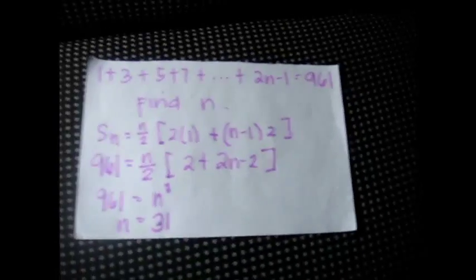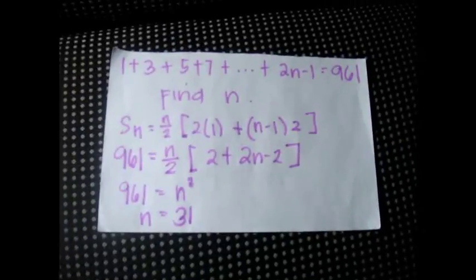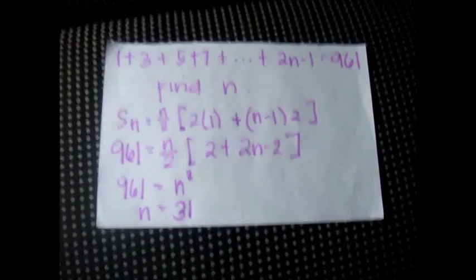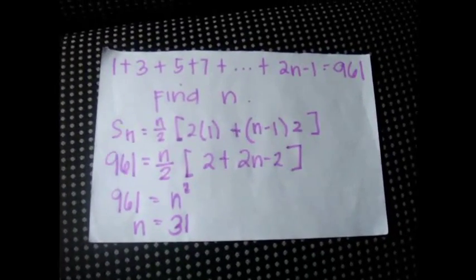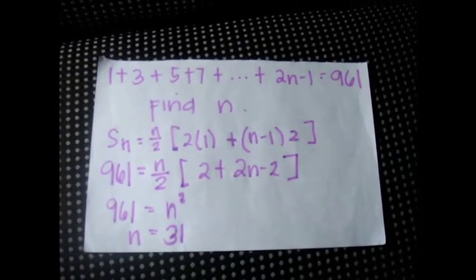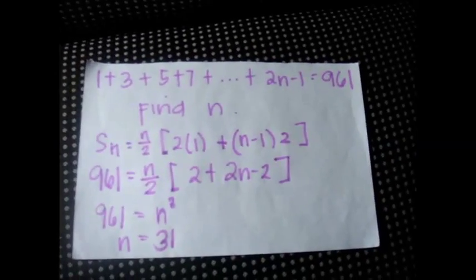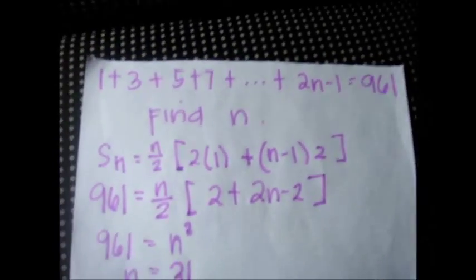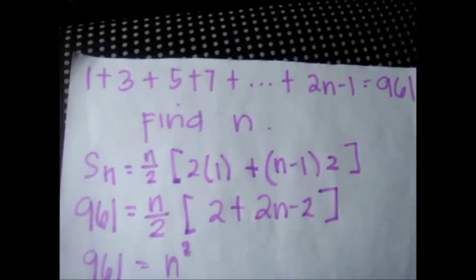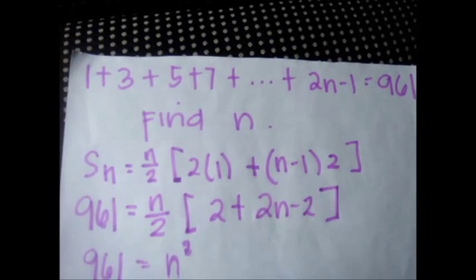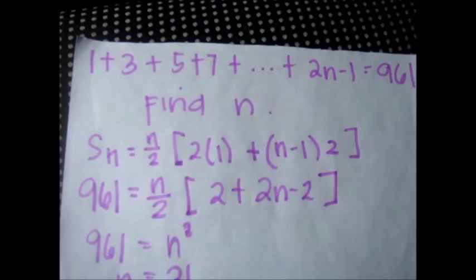Substituting the values, we will get s sub n is equal to n over 2 multiplied to 2 times the first term 1 plus n minus 1 multiplied to 2. Since the sum is given, we will substitute it to s sub n. 961 is equal to n over 2 times 2 plus 2n minus 2. 961 is equal to n squared.